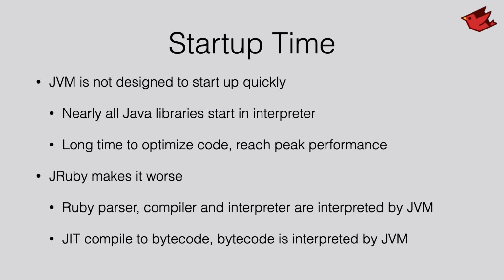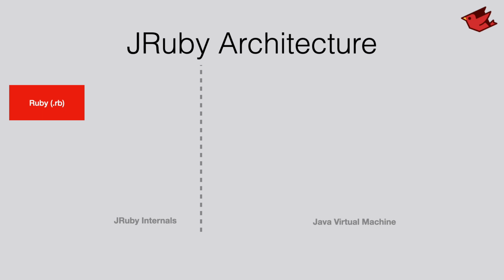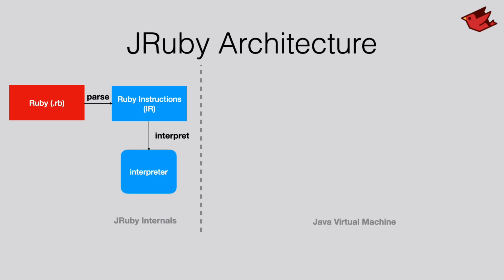So let's take a look at the architecture of JRuby here. We have our Ruby code coming in on the left. That gets parsed and compiled into our Ruby instructions, our intermediate representation, IR. And then for a while, we will just interpret that IR. We want to get things executing as quickly as possible.